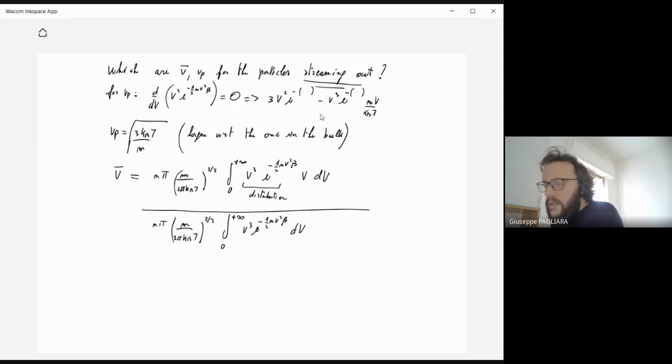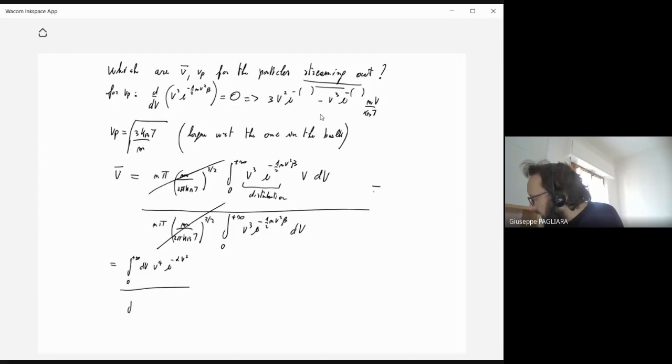Now, of course, again, it's boring to do this integral. That can be done. Of course, this part will cancel, so this is not a problem. And once you do the calculation, this can be written as follows. The integral from 0 to plus infinity of dv v to the power of 4 e to the minus alpha v squared, and in the denominator I have the integral from 0 to plus infinity of dv v cubed e to the minus alpha v squared.